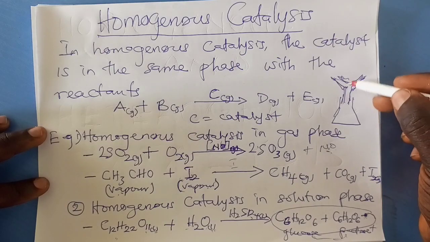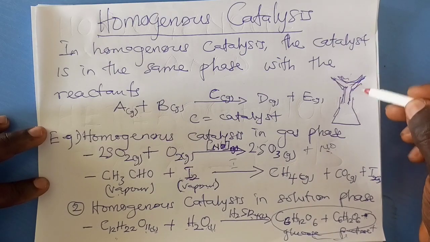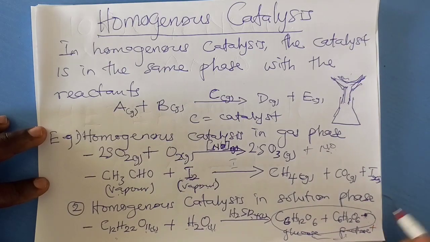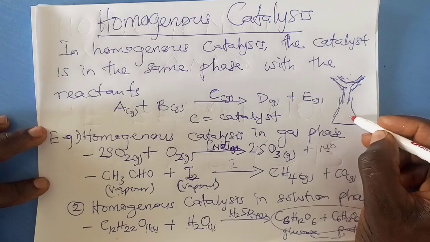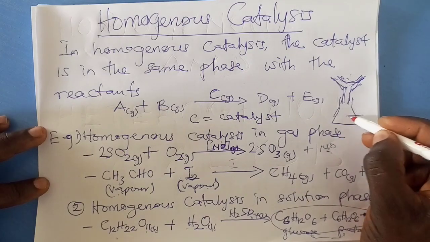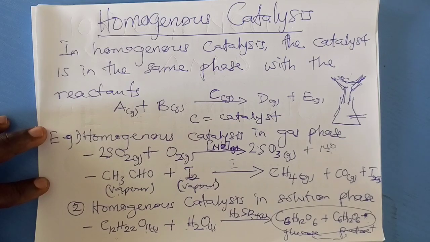If you pour everything here, because these are in solution, what you are going to get here will still be your glucose, fructose, and H2SO4. I don't know whether you get it. So this makes homogeneous catalysts very difficult to recover in their reaction. At the end of the reaction, it's actually difficult.